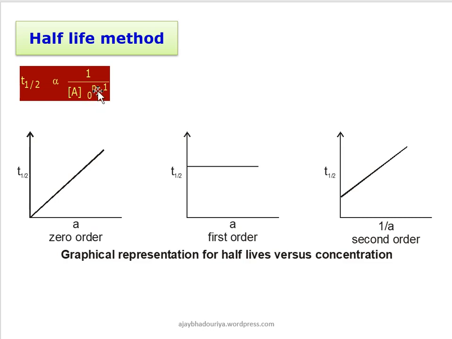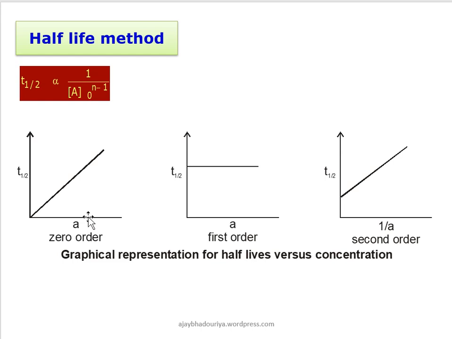So t half will become directly proportional to A. So for the zero order reaction, if you plot the graph, t half of the reaction is directly proportional to the initial concentration.